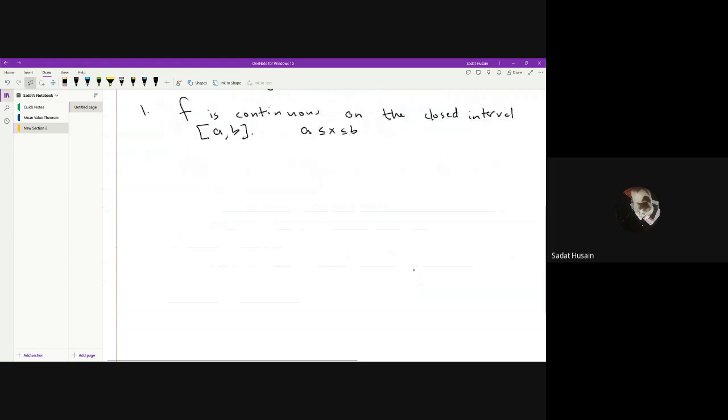The second condition is f is differentiable on the open interval (a, b).